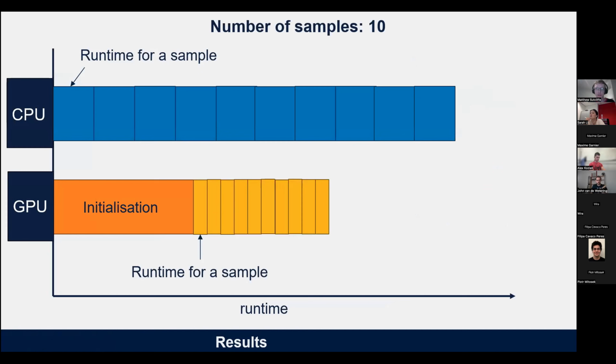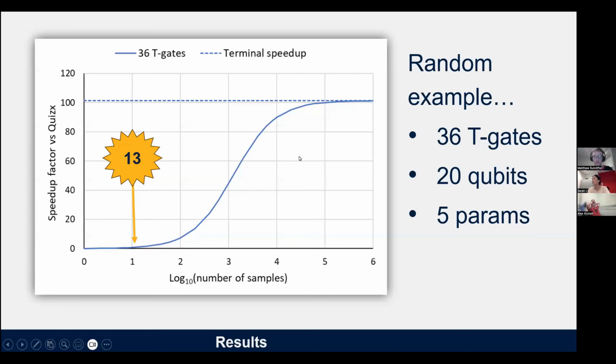Again, if we're taking just a few samples, it's going to be slower, and then the more samples we take, the better.